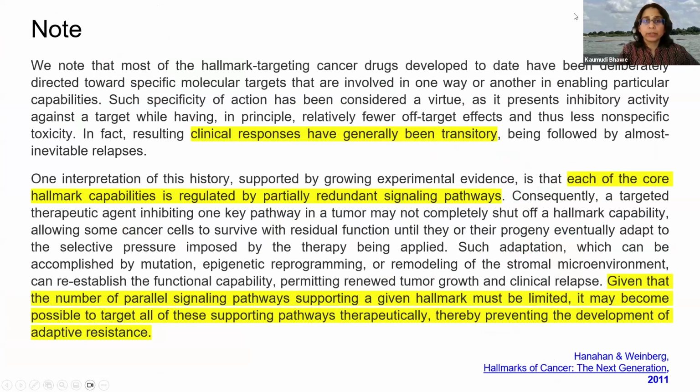So in this 2011 note, they in fact said that clinical responses have generally been transitory, right? Because they're followed by the tumor adapting, and there are some cells that maybe just hang around and were not detected, and the tumor changes because of that dynamic equilibrium that it's trying to maintain. They also made this insight that was coming into the field: each of these core hallmark capabilities is regulated by partially redundant signaling pathways. We know this now, yes.